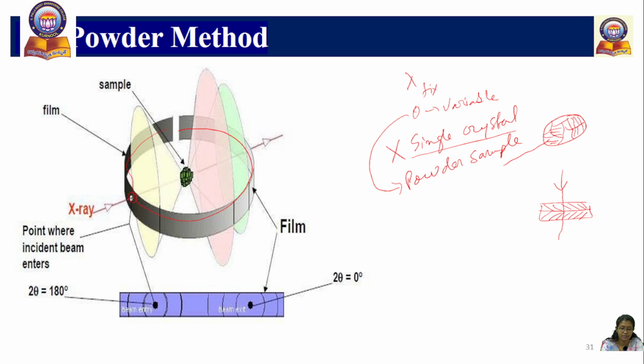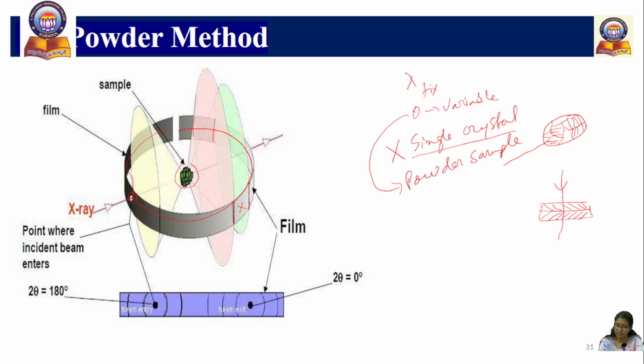The X-ray enters and comes out on a straight path like this, but because the sample is there, they undergo diffraction. Some comes back reflected also, some gets diffracted also. Those which are constructively interfering give us a spot on the photographic film. So wherever a spot is there, that means constructive interference. Where there is no spot, that means that position of theta gives destructive interference.